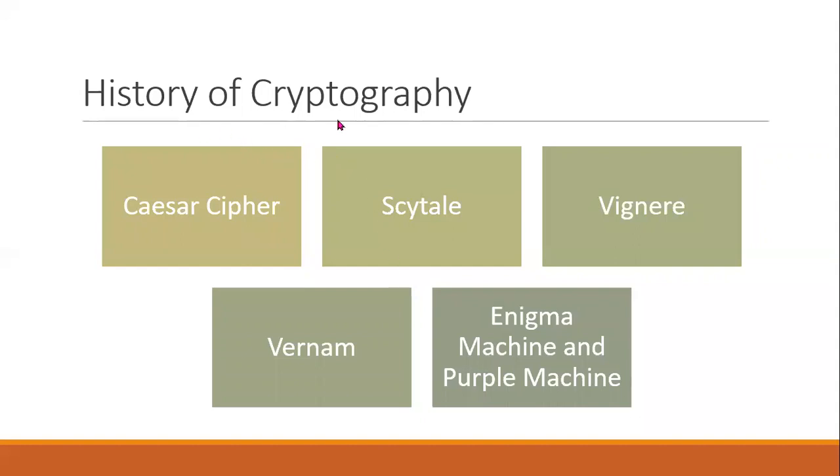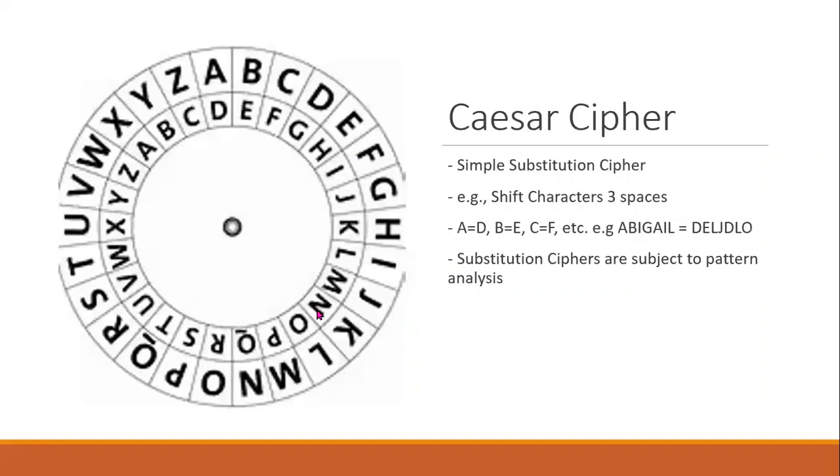Let's take a brief look at the history of cryptography. There was first the Caesar cipher, the Skytel, Vigenere, we'll take a look at that, and the Enigma machine. That may sound familiar to some of us. And the Purple machine. Let's take a brief look. The Caesar cipher uses a simple substitution method, such as shifting each character 3 spaces.